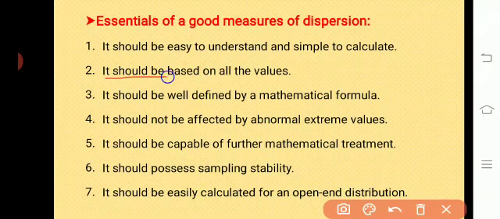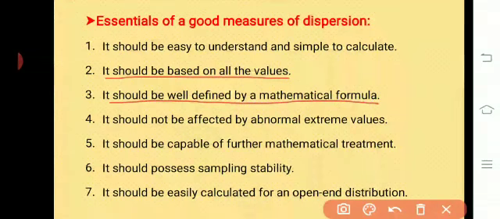Then it should be based on all the values. Whatever the measure we are calculating, it should be based on all the observations. The next essential is it should be well defined by a mathematical formula. Whatever measure of dispersion we are going to find, it should be mathematically well defined.